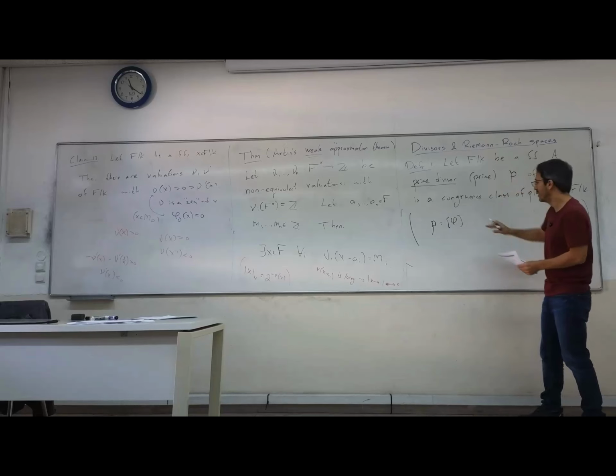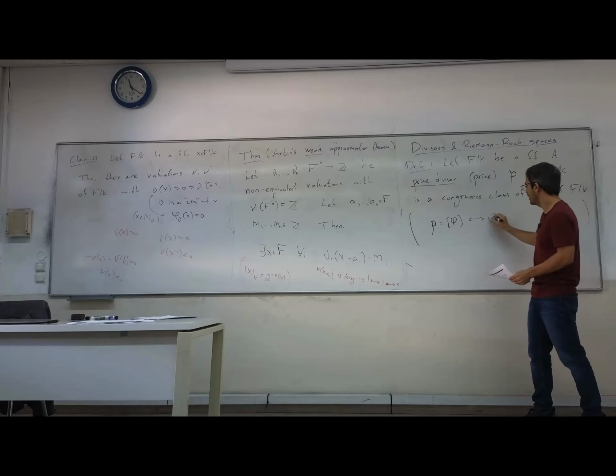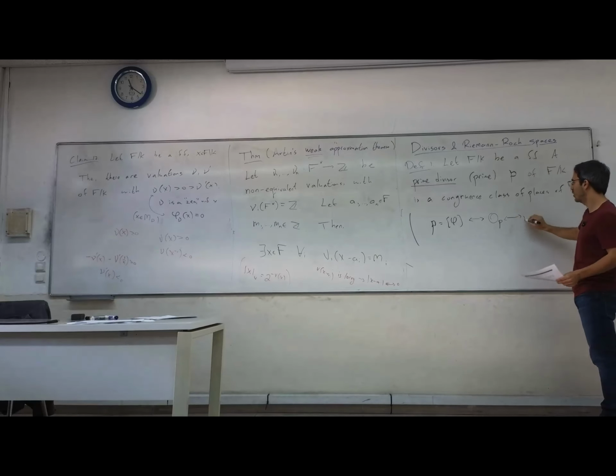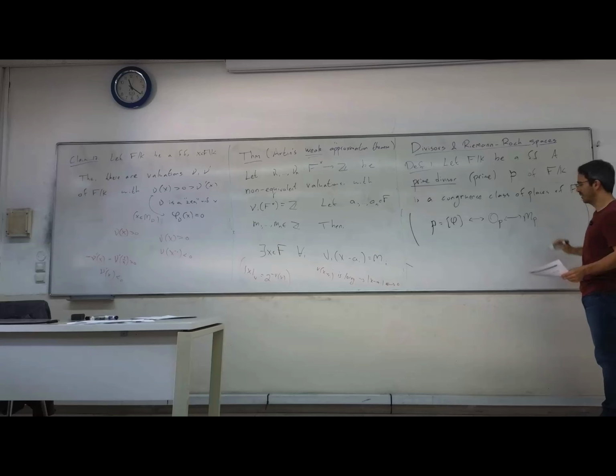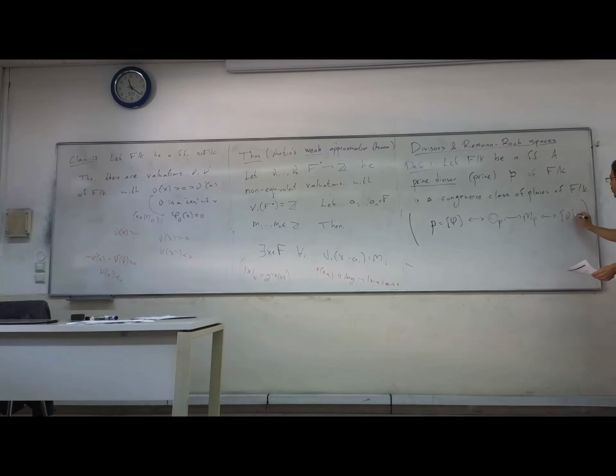So you care about these, and these are in one-to-one correspondence. We did prove, I think, with the valuation ring, which is in one-to-one correspondence with the maximal ideal. You can see the notation in the notes. And this is in one-to-one correspondence with a congruence class of valuations.